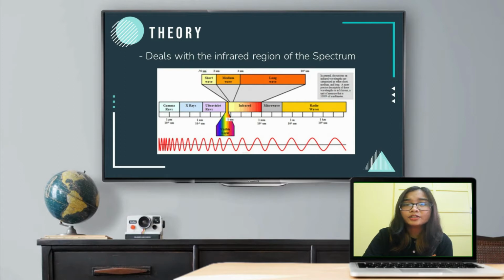In Fourier transform infrared spectroscopy, as the name suggests, we specifically deal with the infrared region of the spectrum. The absorbing groups in the infrared region absorb within a certain wavelength region. These wavelength regions involve the near IR, mid IR, and the far IR region.